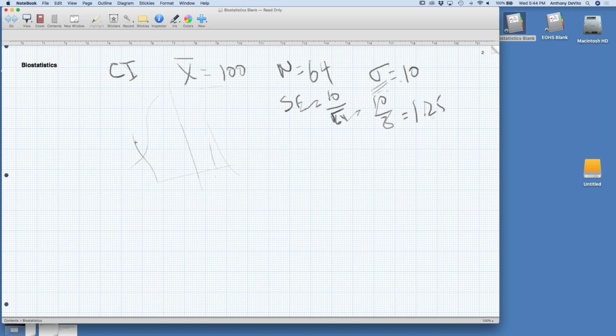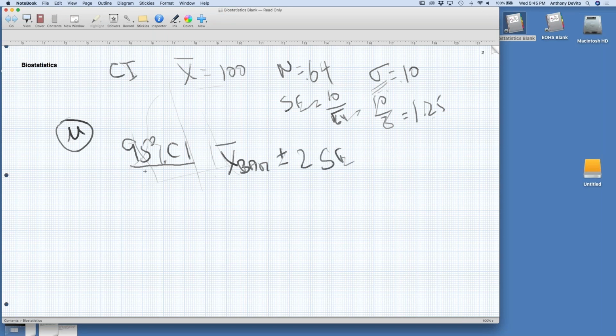In other words, I can say with 95% confidence, and I'm stretching the truth here a little bit, I understand that, but just to give us an outline understanding of this, that my 95% confidence interval for estimating what mu really is going to be is X bar, the mean that I got from taking a sample of size 64, plus or minus 2 standard errors, minus 2 standard errors and plus 2 standard errors.